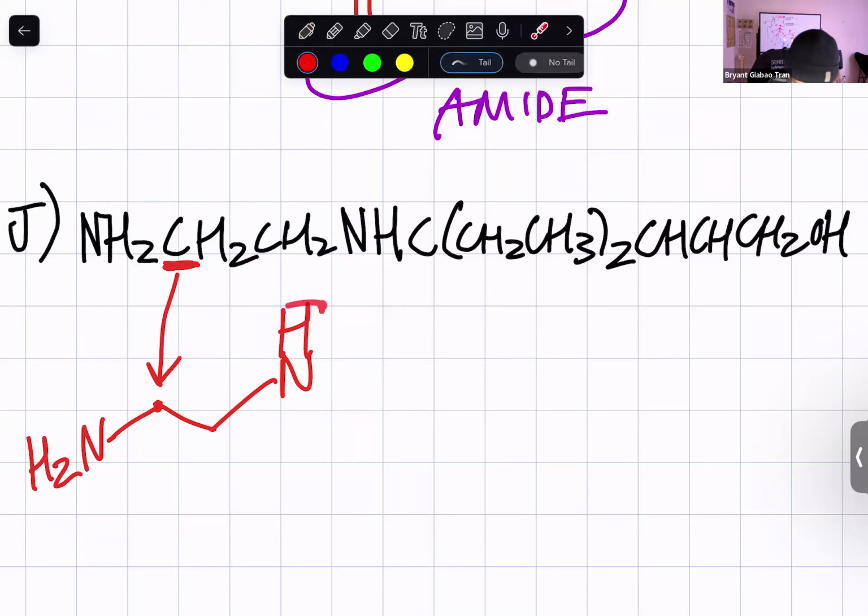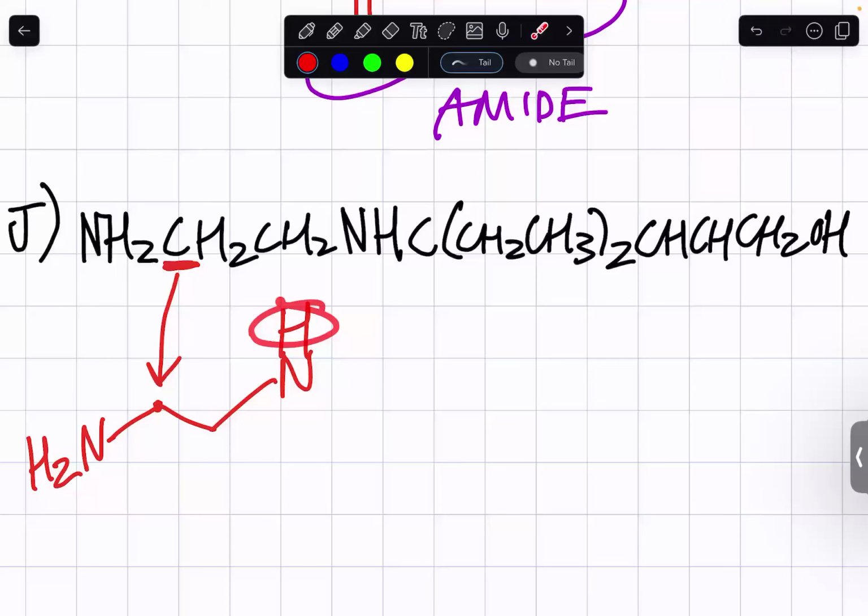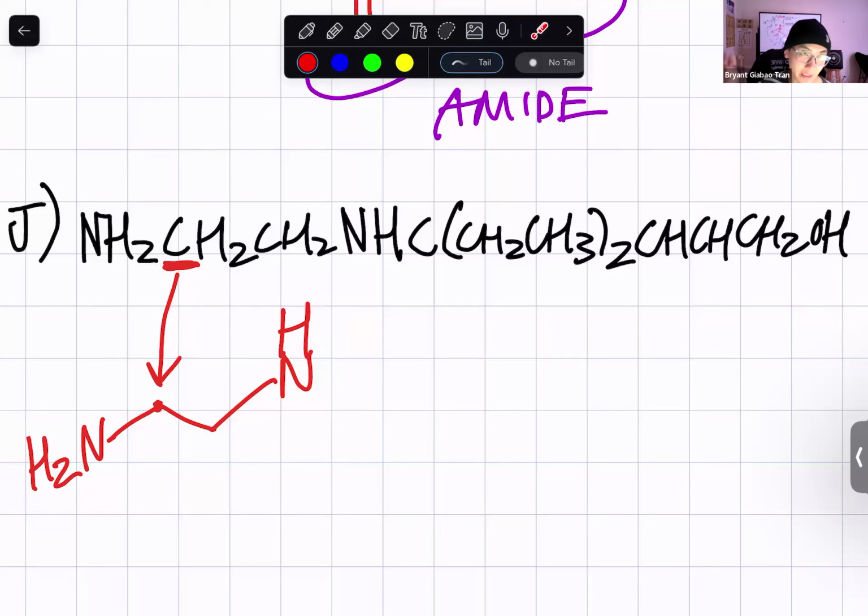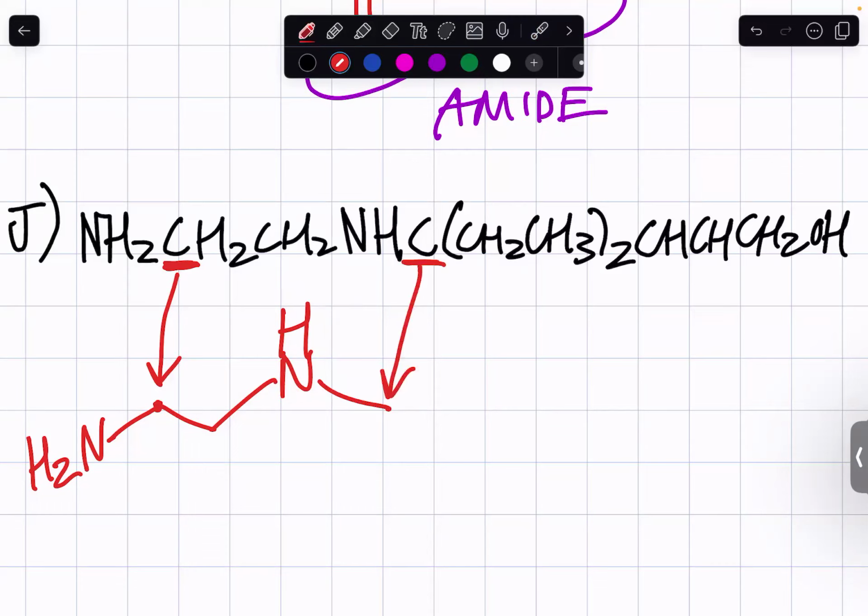This hydrogen we cannot draw as invisible because it's not on a carbon. The only time we have to draw out a hydrogen explicitly when it's on a carbon is if it's an aldehyde. But if the H is on an oxygen, nitrogen, or any other atom other than carbon, we have to draw that out explicitly like this. And then this carbon right here is going to be that carbon right there.